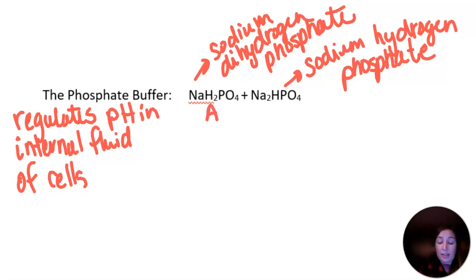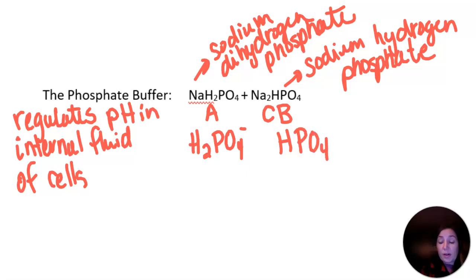So that one's acting as the acid. And the sodium hydrogen phosphate, Na2HPO4, has one less hydrogen, so that is acting as the conjugate base. So the acid itself is H2PO4 minus, and then the conjugate base would be HPO4, 2 minus charge.